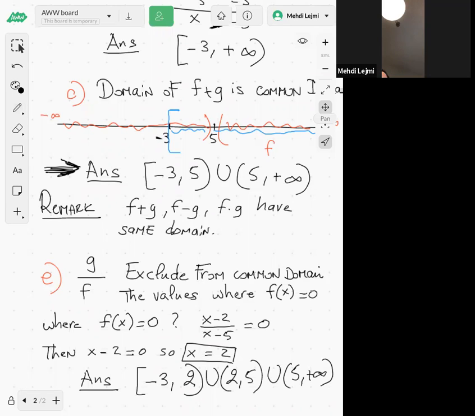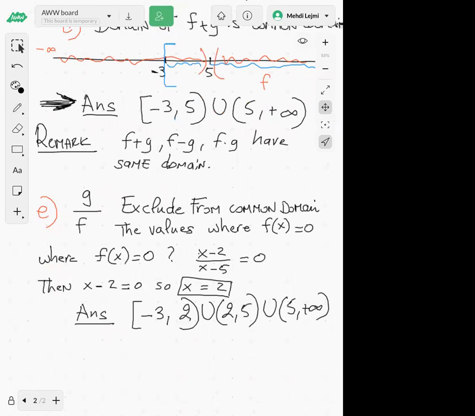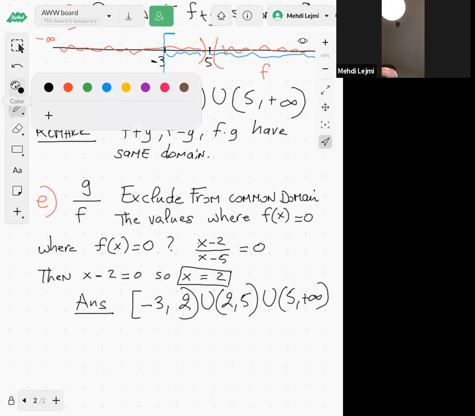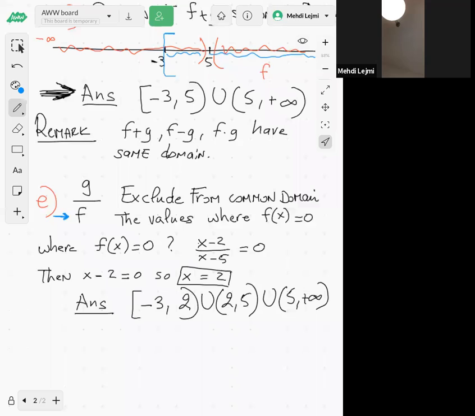Wait, shouldn't the denominator? No, because here, the question was where F is 0. I'm not looking for the domain of F. I'm looking for where F is 0. You see here, you exclude from the common domain the values where F is 0 because that's my denominator.